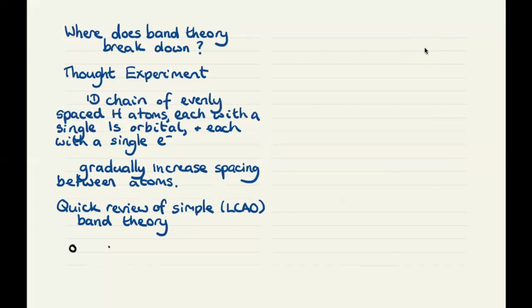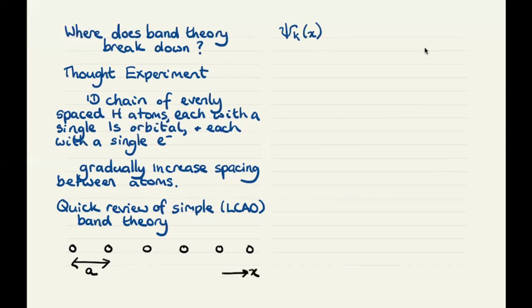So we have our one-dimensional train of hydrogen atoms, each with a 1s orbital. Let's space them a distance a apart, and I'm not going to rederive this, but you should remember that the wave function is a function of x.